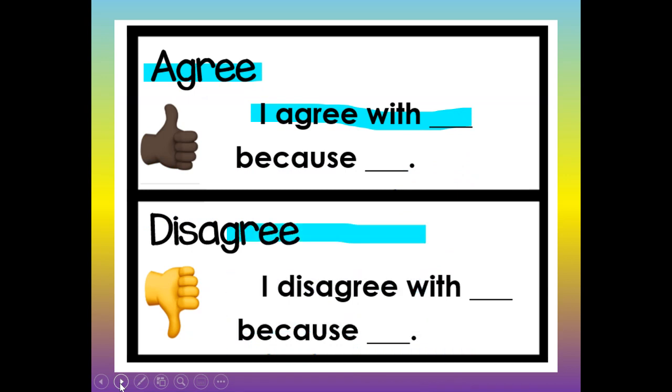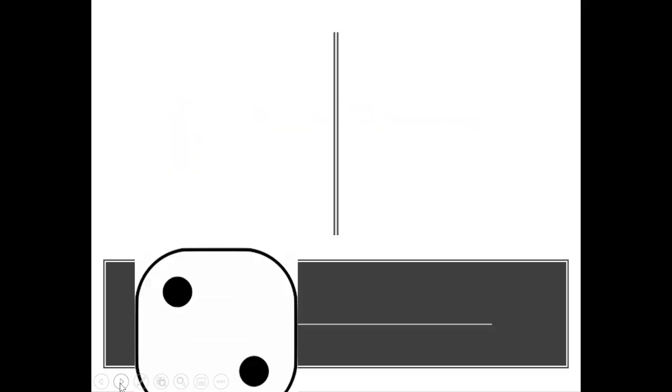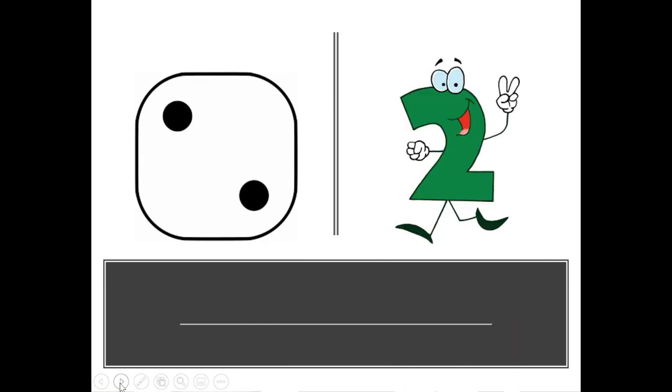I agree with you because, and tell them why or tell me why. Or I disagree. I disagree with you because, and say why. So here's our first pair of pictures. What do you notice or see? So you're going to say, I notice or I see.